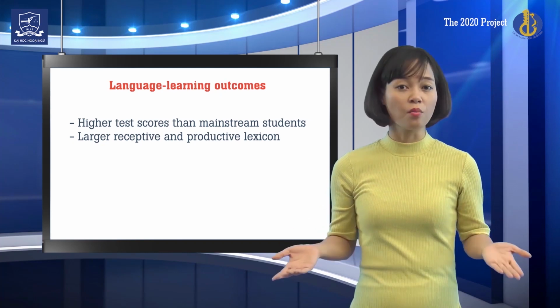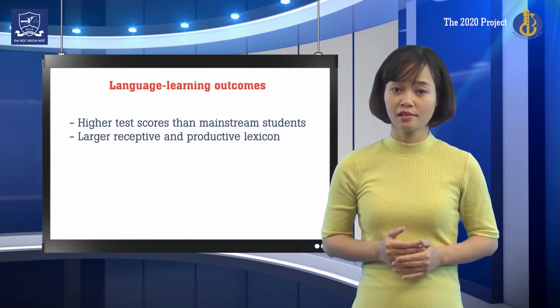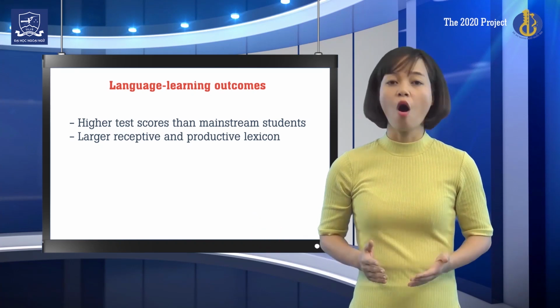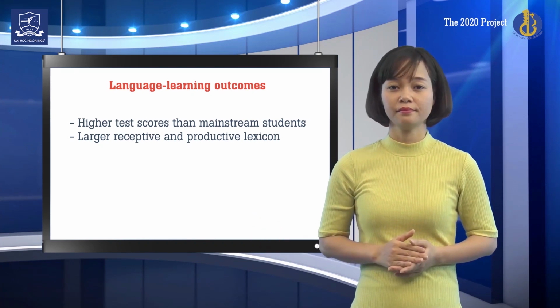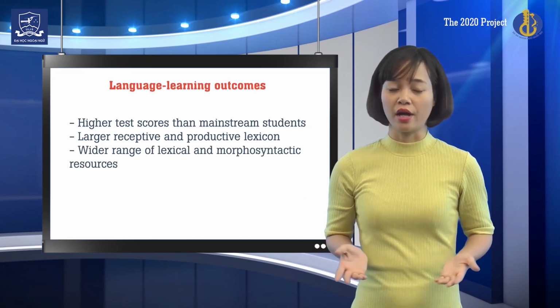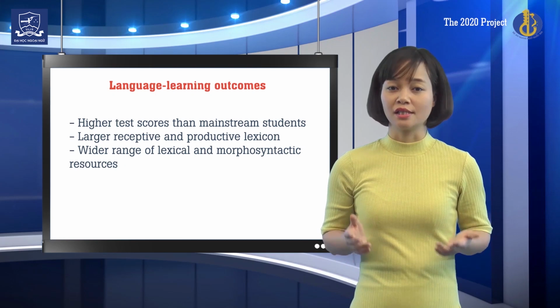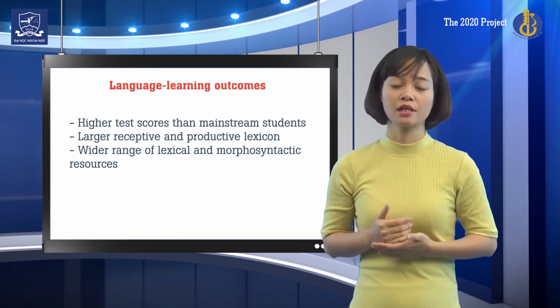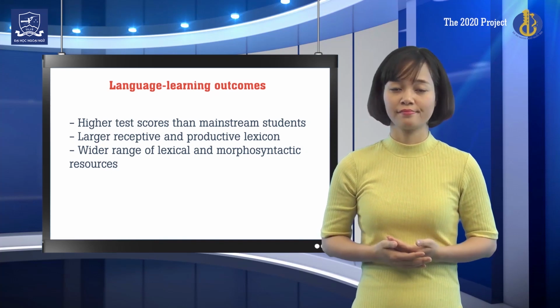They can use more words from lower frequency bands, have a wider stylistic range, and use vocabulary more appropriately. In terms of writing skills, the students have a wider range of lexical and morphosyntactic resources, which they develop in more elaborate and more complex structures.